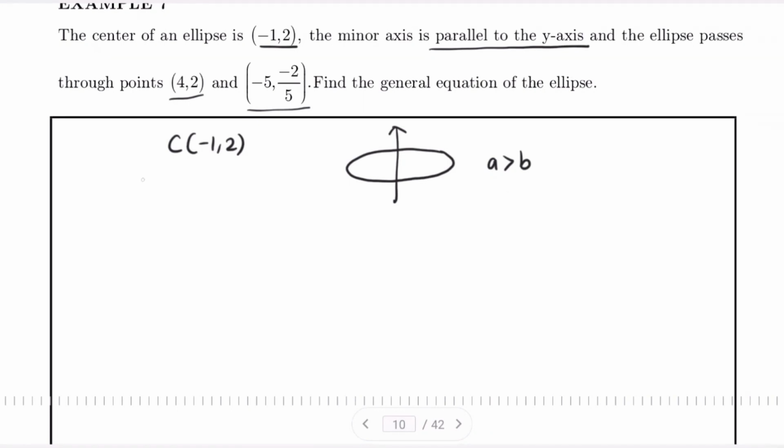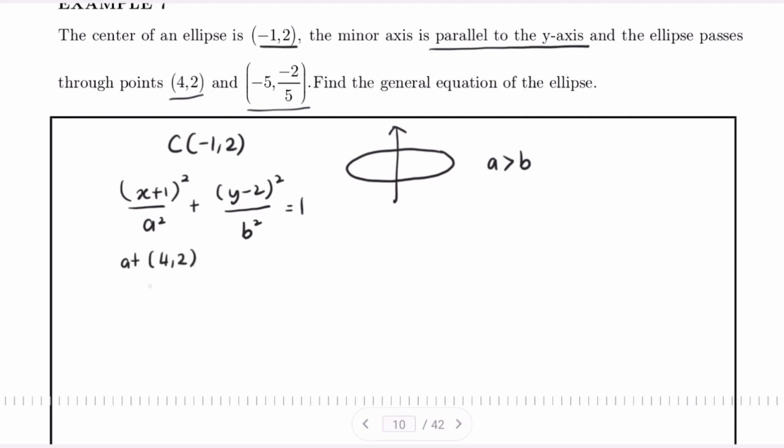Let's substitute the center into our formula. So it becomes (x plus 1) squared over A squared plus (y minus 2) squared over B squared equals 1. In order to find A and B, we're going to use the two coordinates given in the question, which is (4, 2).